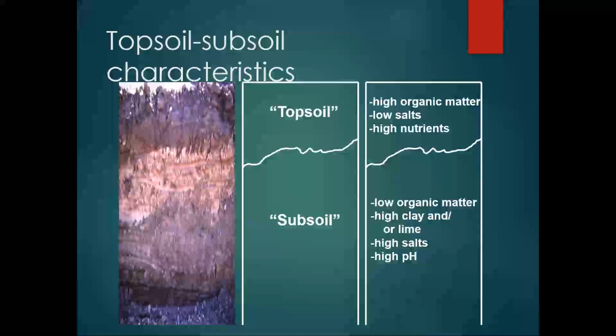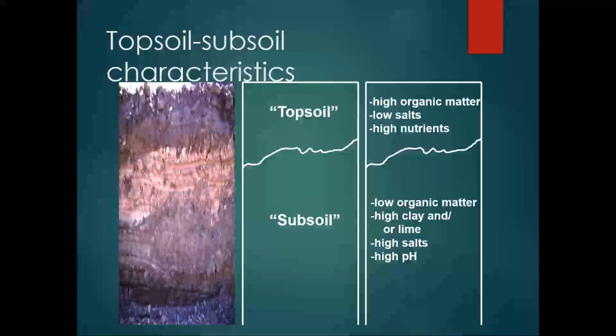Topsoils are typically higher in organic matter than the subsoil. Lower in salt content, at least around here, especially where we have natural accumulation of salts in an arid environment. Higher in nutrient classes because we've got the cycling of the organic matter, the release of nutrients on weathering, and those things. Down in the subsoils, these are typically much lower in organic matter.